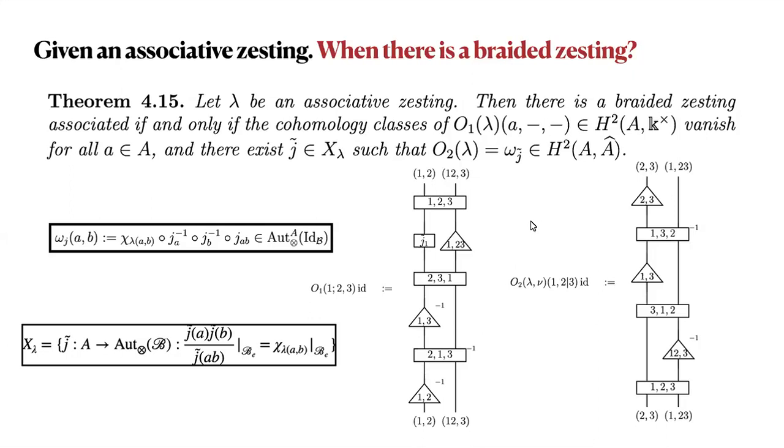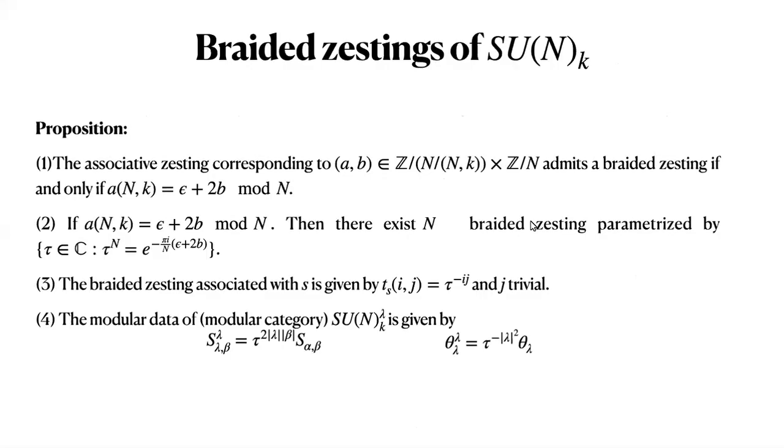And the good thing again is that this is something that you really can compute. For example, this is a particular case of something more general that we did, because braided SU(N) level K is graded by a cyclic group. But in this particular case, if you translate what these obstructions mean, the following happens.